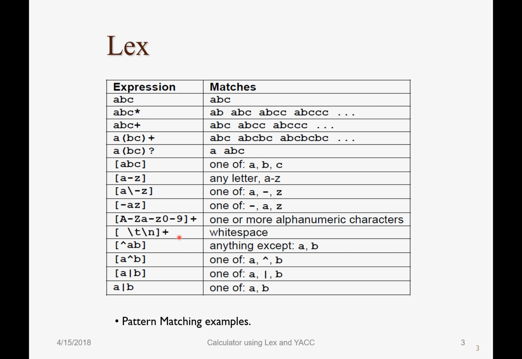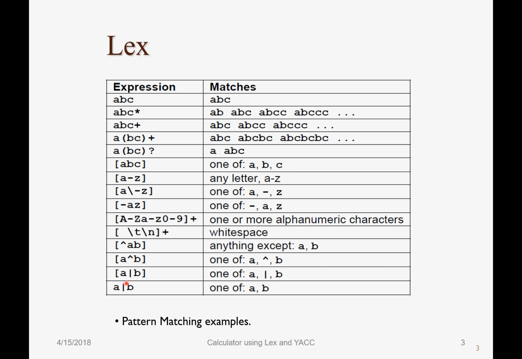Same here, whitespace: \n, \t and space can be accepted. Here anything except A, B, because this caret operator is there. The meaning of this one is except A or B, meaning we cannot take A and B. But here we can; the meaning of this one is A, or caret, or B, any character in between.